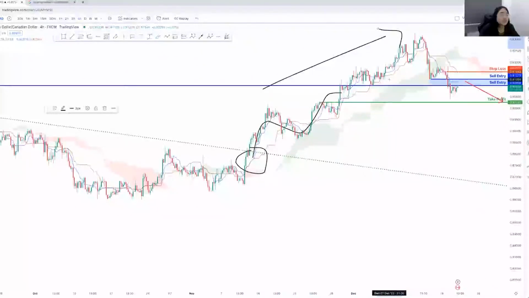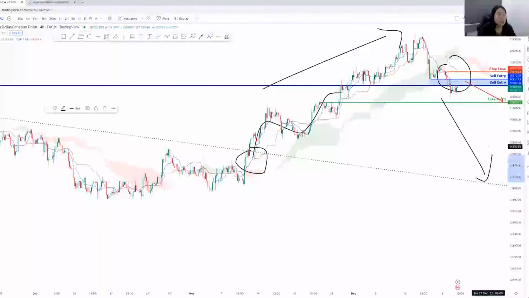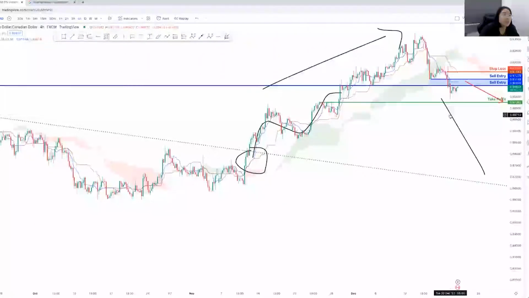Okay, if price is moving below the cloud, it means it's on a downtrend. So based on Ichimoku, it's already showing that price just broke the cloud and there might be bearish momentum.